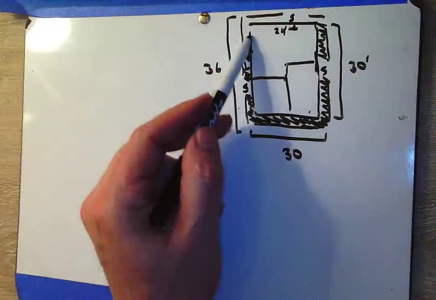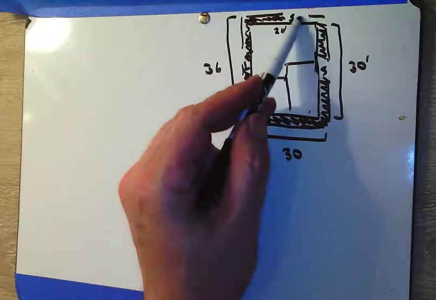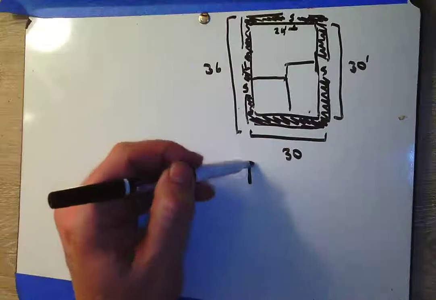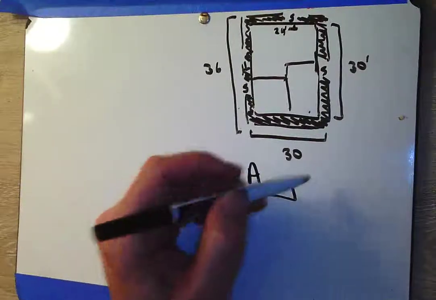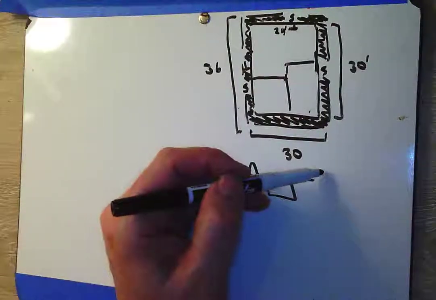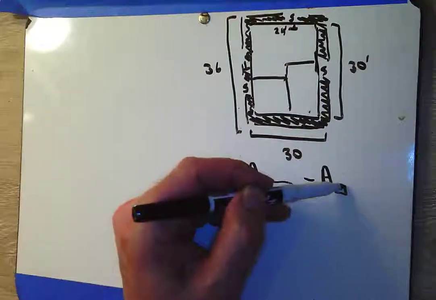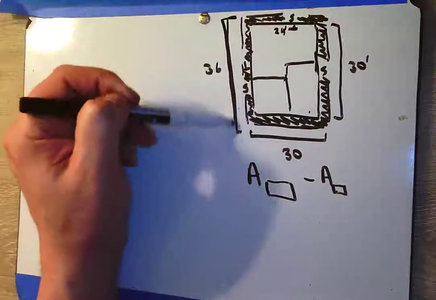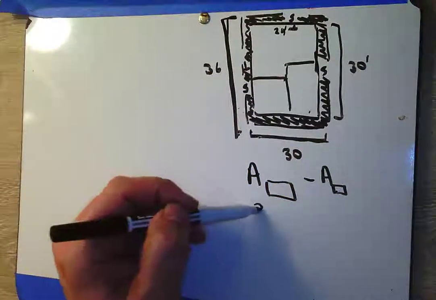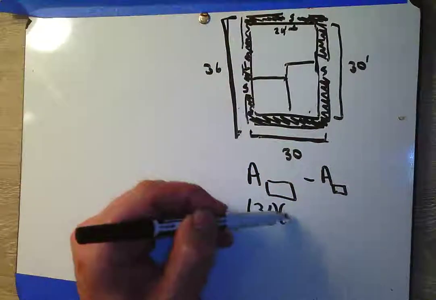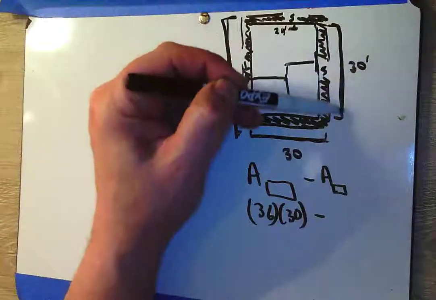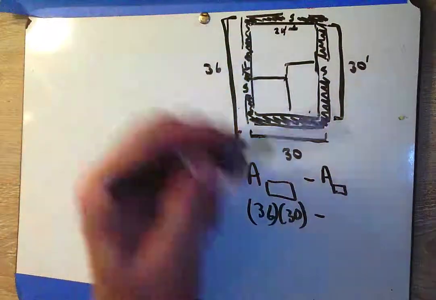Well, there are a number of difficult ways to do this problem, but I like the easy way, which is the area of the big rectangle minus the area of the small rectangle. The big rectangle is 36 by 30, and the small rectangle is 30 by 24.